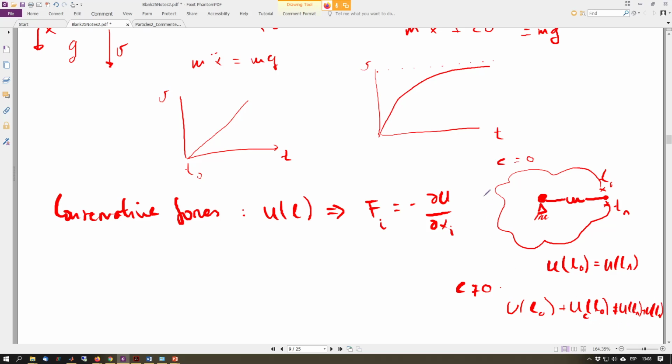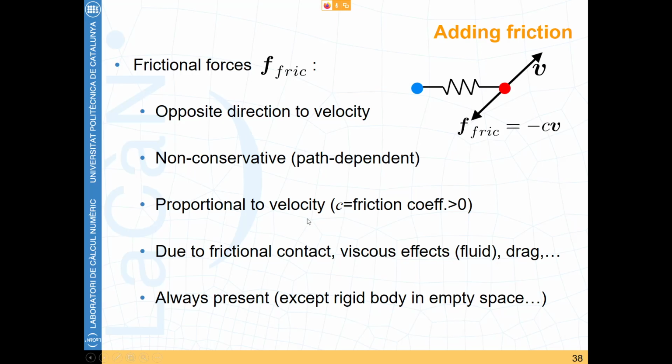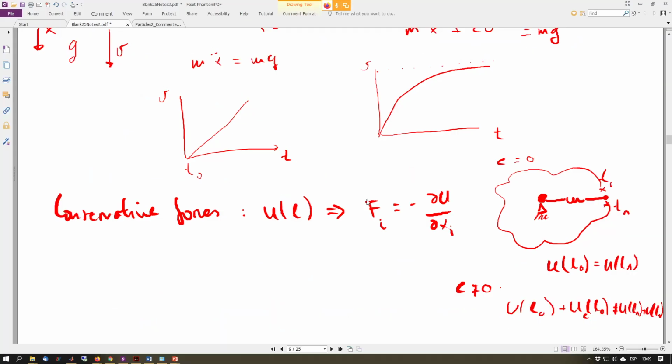With these frictional forces we can associate a potential, but it is non-conservative. Depending on the path that we follow, we have a different result on the forces. It is proportional to the velocity, and we may have it with a fluid, and also with a solid, or interaction between solids.